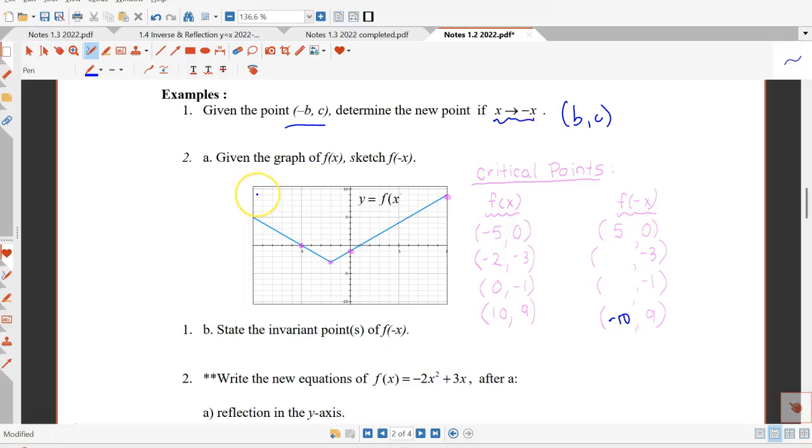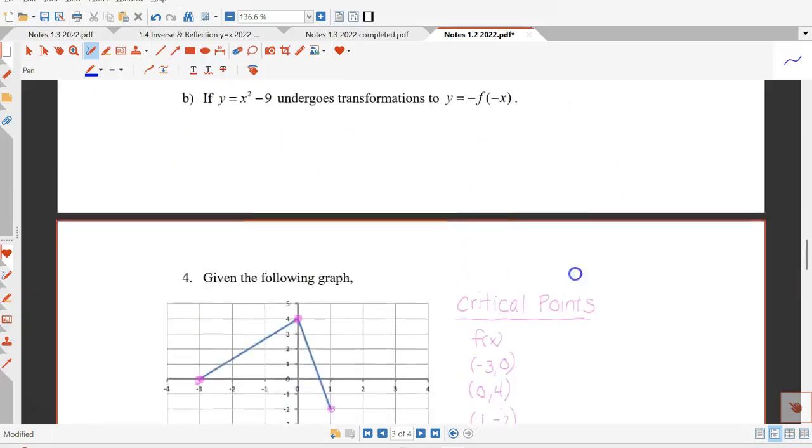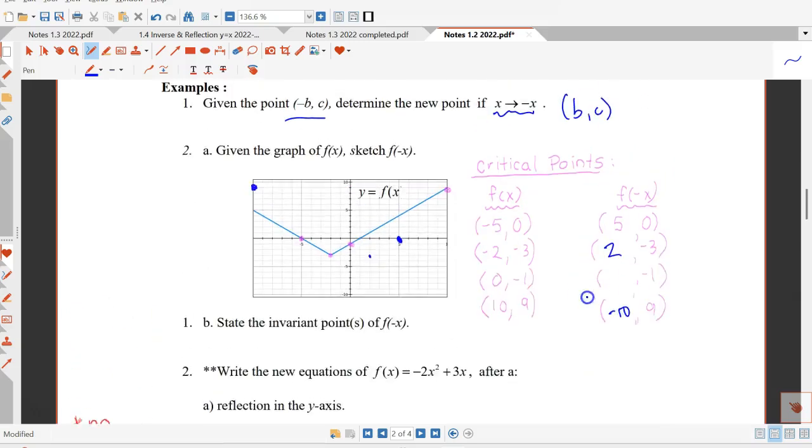It's going to go over to here. -5, 0 will become a +5, 0. -2, 3 will become a 2, 3. -3 still. Cool. 0, -1, this value here, will stay right there. It will stay at 0. That is the invariant point.